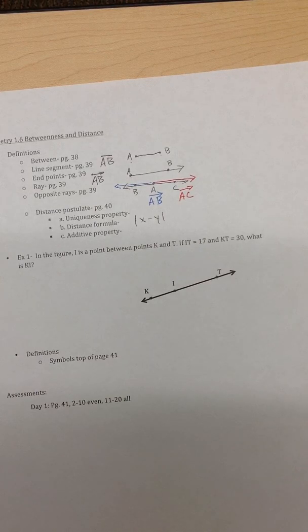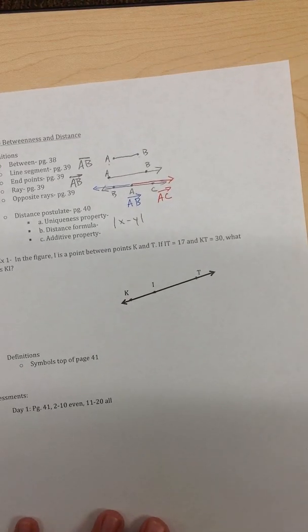And then the last part of the distance postulate is the additive property. What that says is if B is on segment AC, then the distance between A and B plus the distance between B and C is equal to the distance between A and C. Okay, so let me write this out for you here.